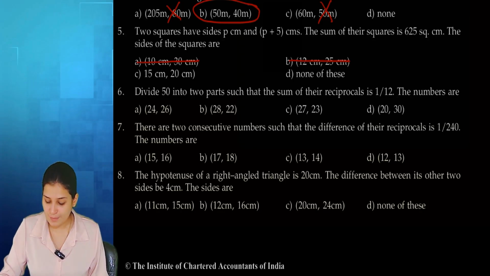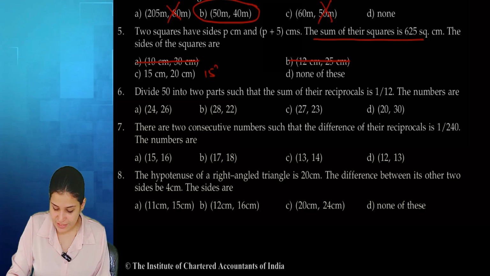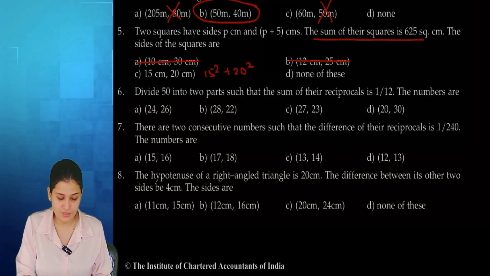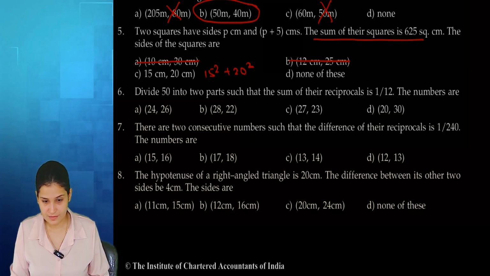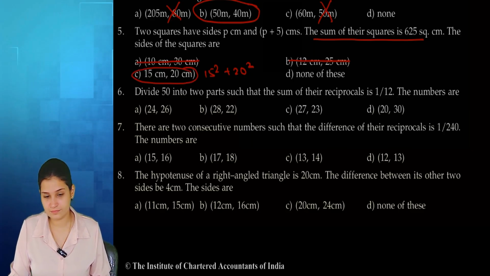Now, the sum of their squares is 625. So is 15 square plus 20 square 625? Yes, ma'am. Option C is correct.